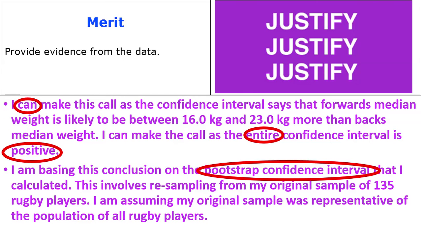So the conclusion is based on our bootstrap confidence interval, which involves resampling from a sample of 135 rugby players. And I'm assuming my original sample was representative of all rugby players. So there is our merit justification, saying why we can or can't make that call.